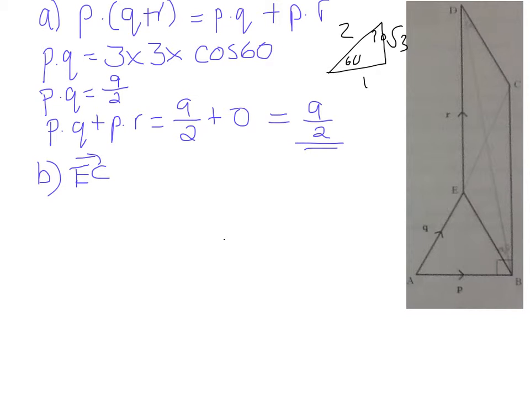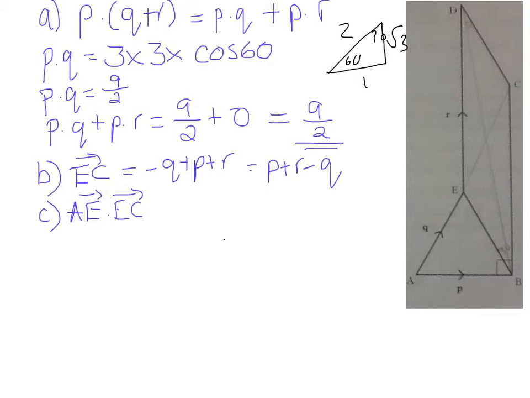So I'm going to choose to go minus Q plus P plus R. And I'll just make that P plus R minus Q, so it's nicer. And then we are given an expression, AE dot AC equals 9 root 3 minus 9 over 2, and we're asked to find the magnitude of R.